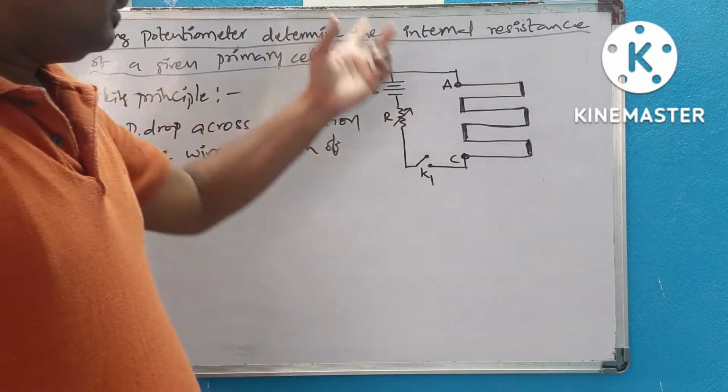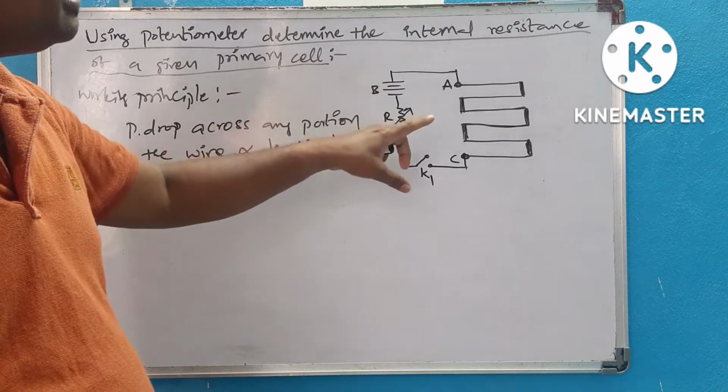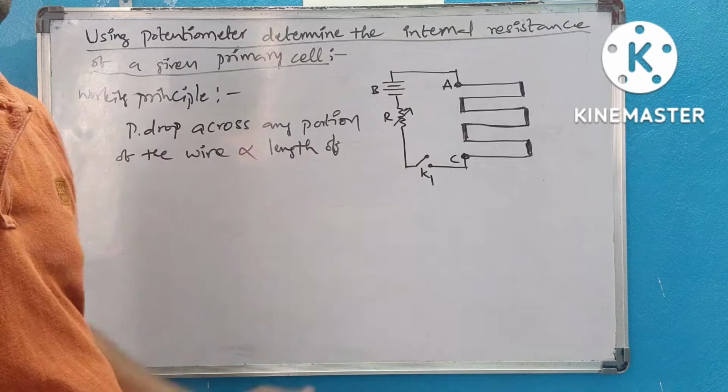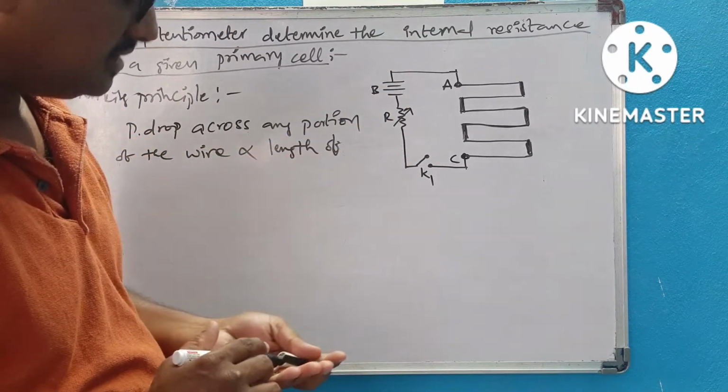We drew the diagram in the previous class, but here there is a small change in the circuit diagram. Here this is the potentiometer diagram.